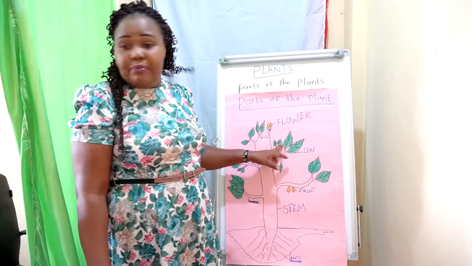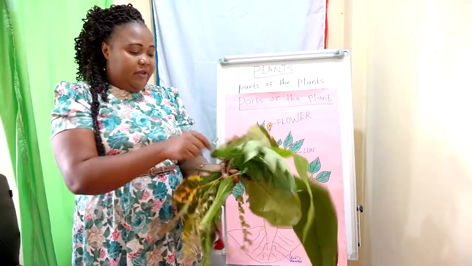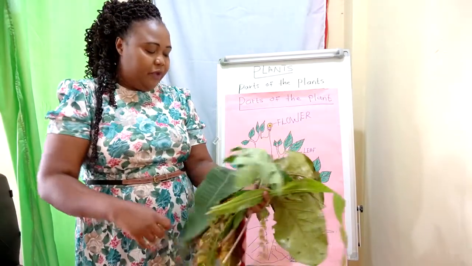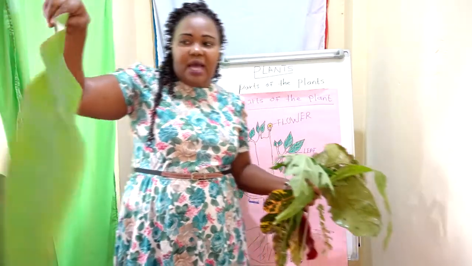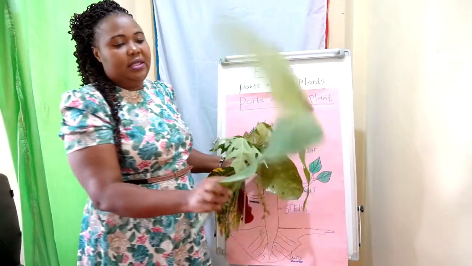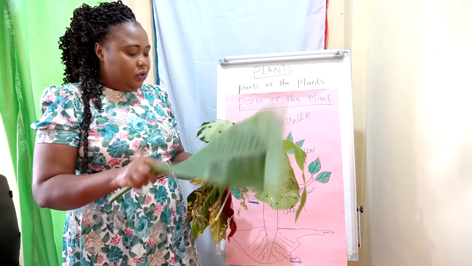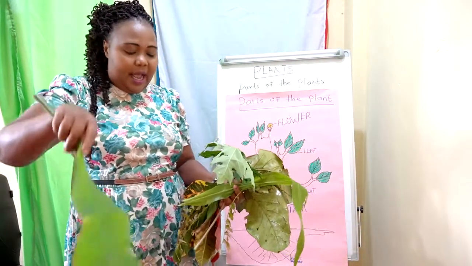You find some leaves are of different colors. Let's have an example here. We have this leaf. I'm very sure you once came across such a leaf. This leaf, when you look at it, it's big.